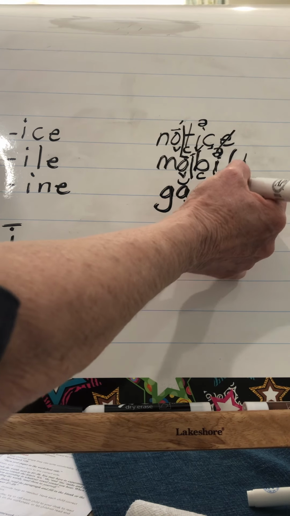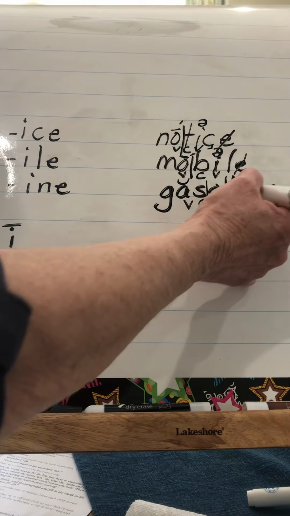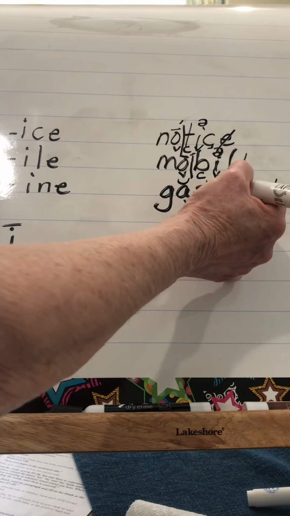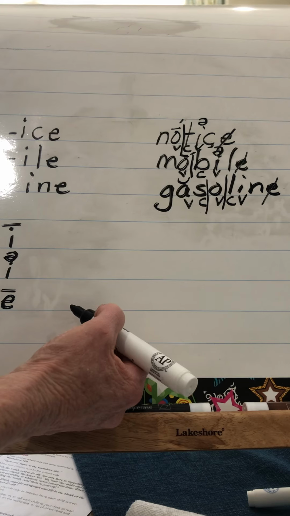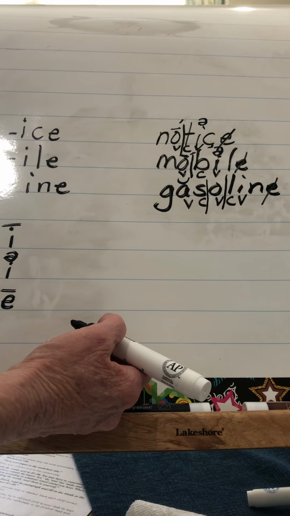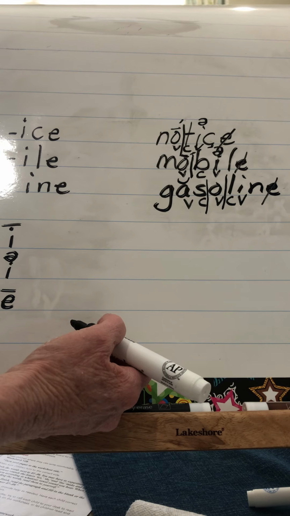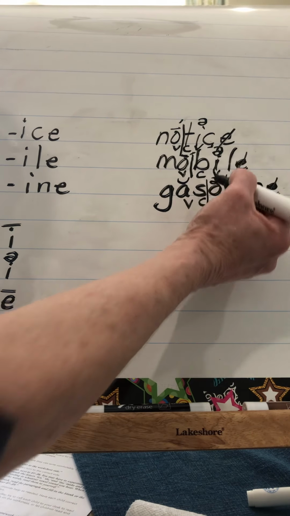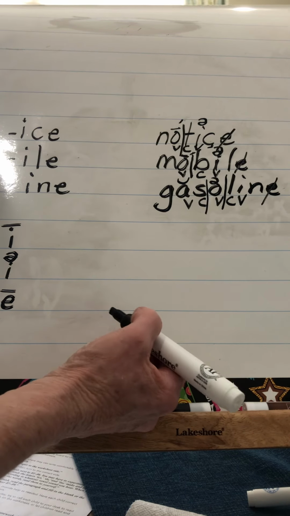And then I have an O here. I'm going to divide gasoline. Okay? Gasoline. And is it gasoline or gasoline? Do your parents go and get gasoline, or do they have gasoline? It's gasoline. It's a schwa O there. Gasoline.